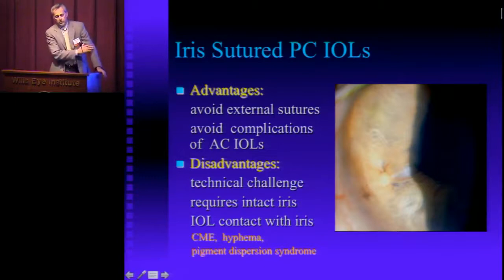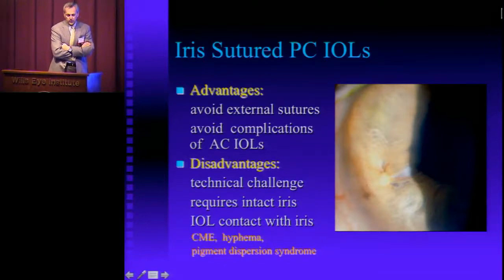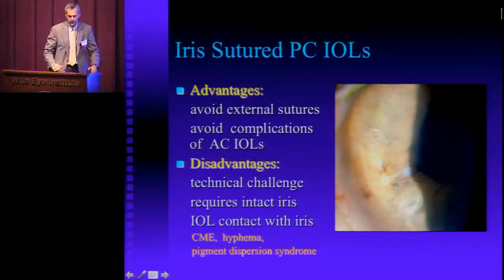Iris sutured posterior chamber lenses avoid the external sutures that you frequently have to deal with in transclerally sutured lenses. They avoid the complication of anterior chamber lenses if you don't have angle ease, in other words, if there are angle abnormalities or angle recession. They're somewhat technically challenging and do require enough intact iris to support the lens.